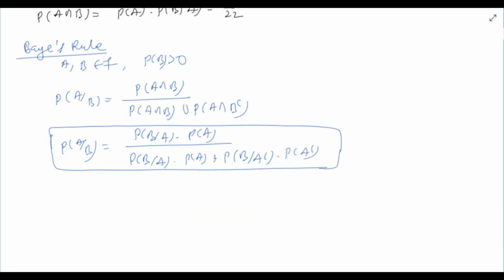Let's see an example. Suppose there are two urns.